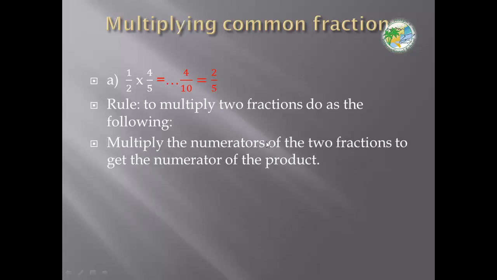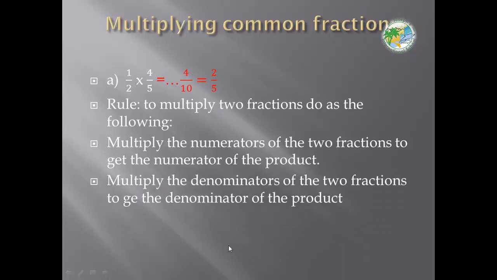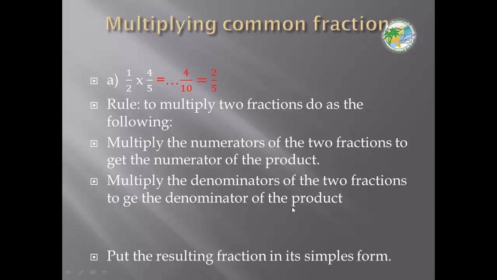multiply the numerators of the two fractions to get the numerator of the product, عشان يجيب البرودكتس بتاع النumerator زي ما شفنا كده. طيب multiply the denominators of the two fractions to get the denominator of the product زي ما شفنا. 2 times 5 equal 10.